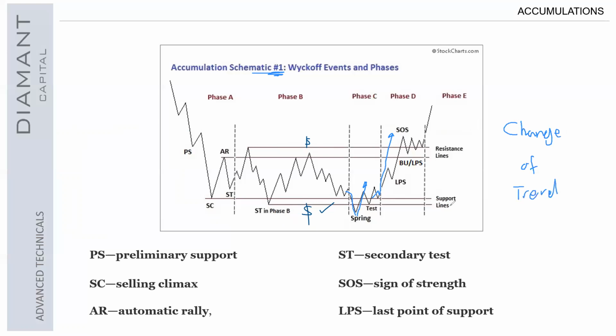If we really and truly think about this, this is a simple understanding of market structure. Once you've had this break above, we can consider that as a break of structure. In Wyckoff, it's known as the sign of strength. So it increases upwards. Then you've got your last point of support.